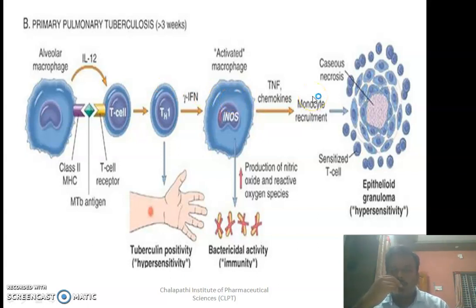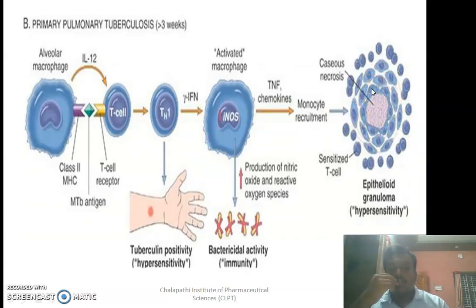Those tumor giant cells, normal alveolar macrophages as well as T helper cells release various cytokines in order to kill that bacteria, but ultimately they fail, and the background tissue undergoes damage.